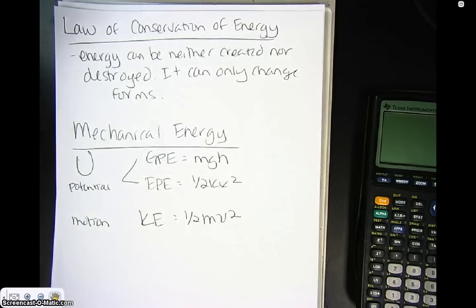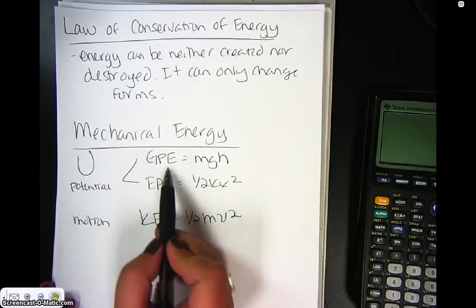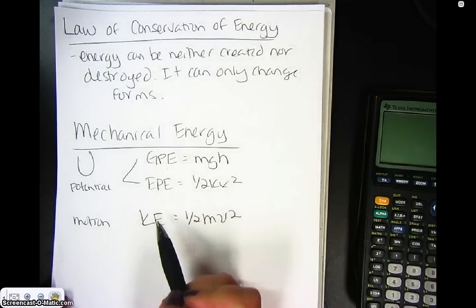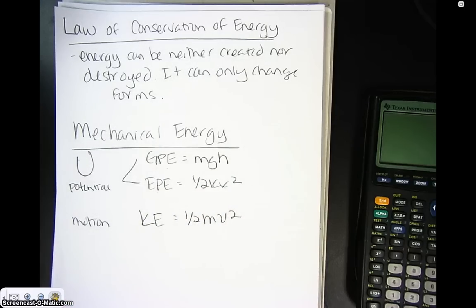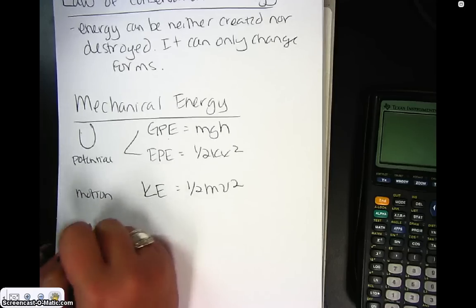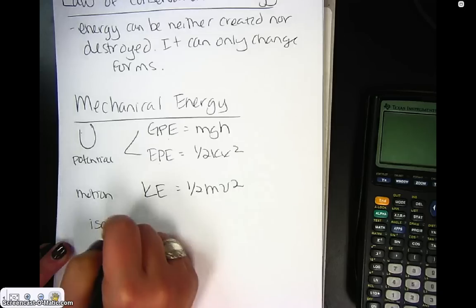So the idea is that when we store energy in the form of gravitational or elastic potential energy, it can then convert to the energy of motion, and what is lost by one is gained by the other. And again, we're talking about mechanically isolated systems.